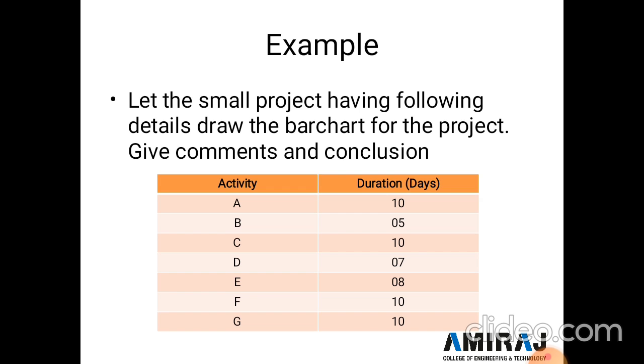Let a small project have the following details: draw the bar chart for the project and give comments and conclusion. In the G2 examination this type of question is asked, like what is a Gantt chart or bar chart, explain in detail with example, or write a short note on bar chart.